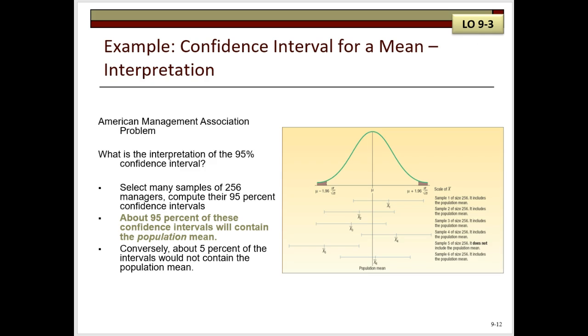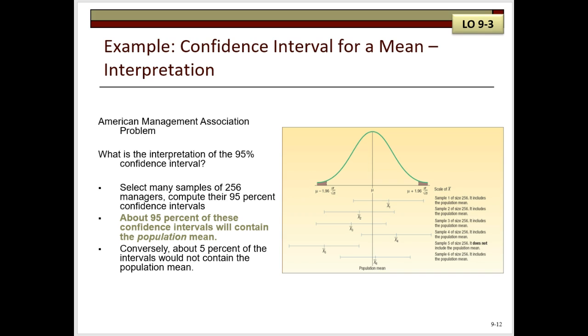In the previous slide, we obtained the 95% confidence estimate of the true average income of middle managers in the retail industry using a sample of 256 managers as $45,169 and $45,671. So what exactly do these results mean?